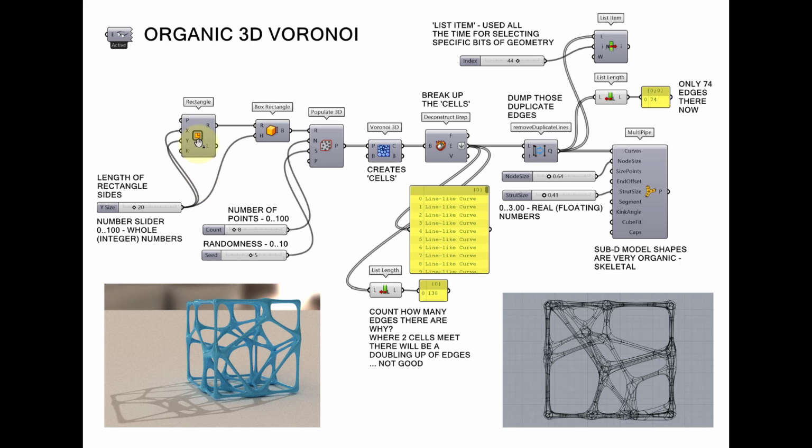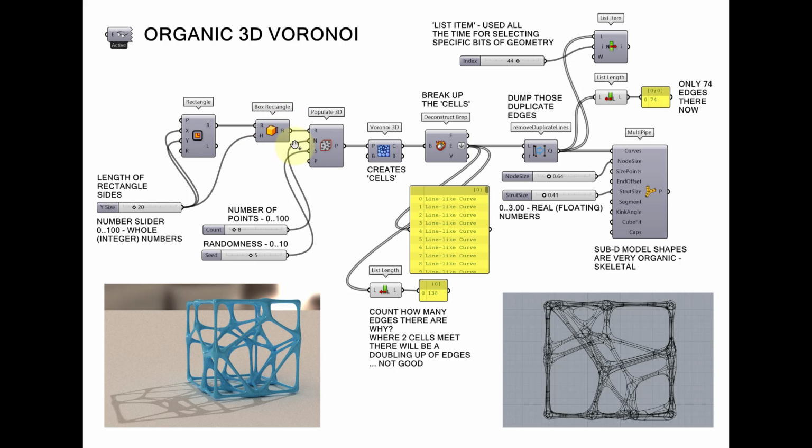Okay, so we start off by plotting a rectangle, and the sides of the rectangle are governed by this slider. As you can see here, the same numbers are going into each one, so that's going to generate a square. We then want to create a box from that square, and we're using the same height, so we get a cube.